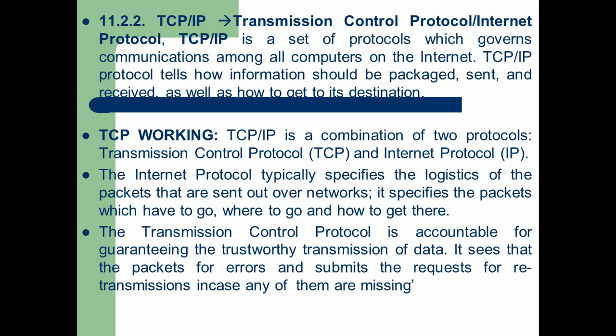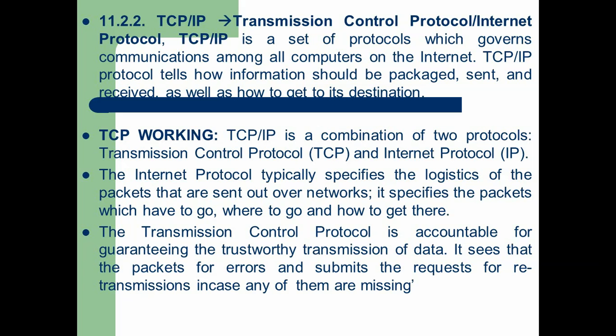If any error occurs or any packet is missed, the TCP protocol ensures that the source is asked to resend that particular packet to the destination. So this is the important work of the TCP/IP protocol.